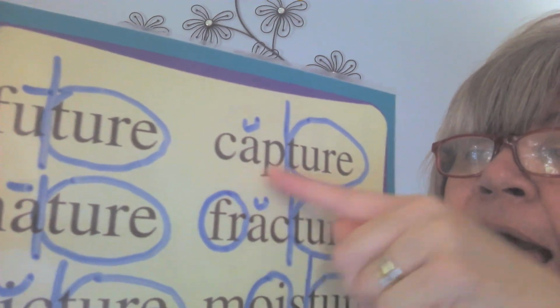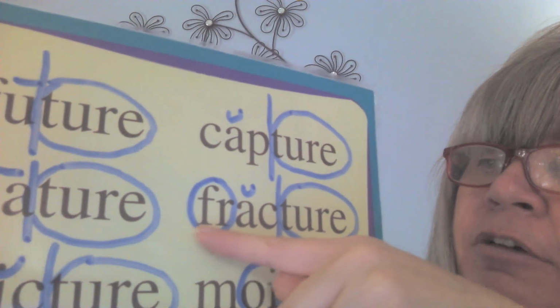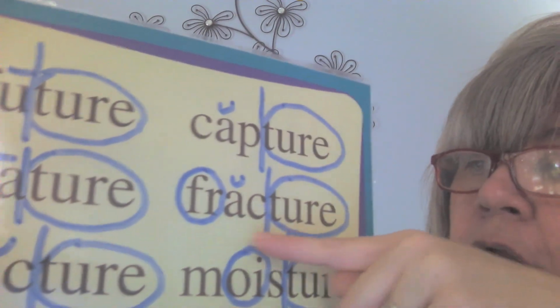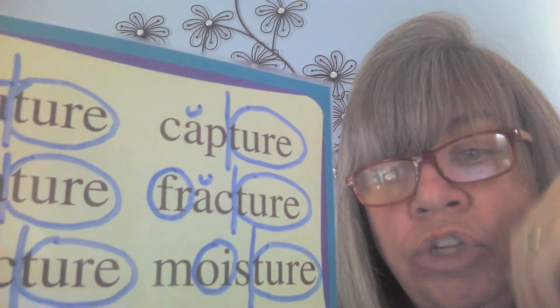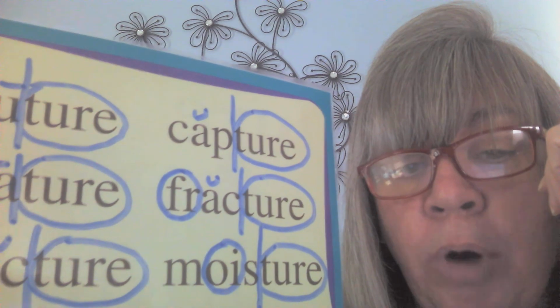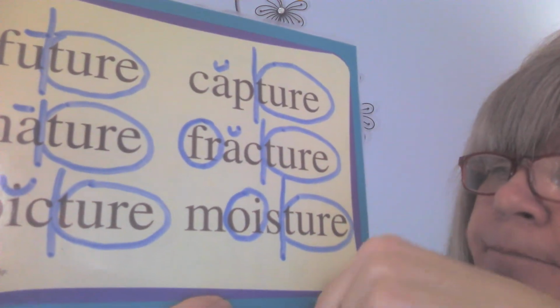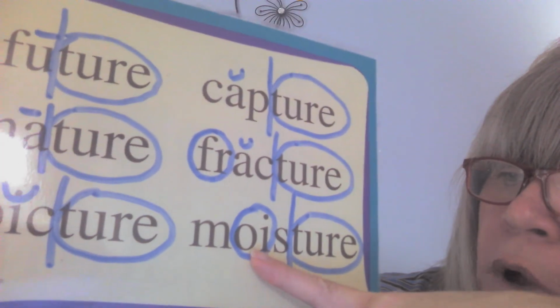There's another closed beat or closed syllable. Capture, capture. Fracture, fracture. When you break a bone, the doctor might use a fancy word called you fractured your bone. That means break. Okay, another two-beat word. Notice I circled OI, says oi.